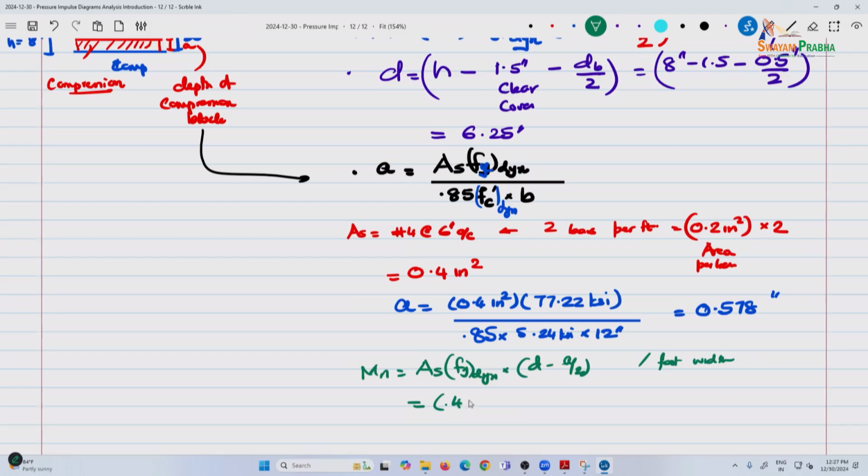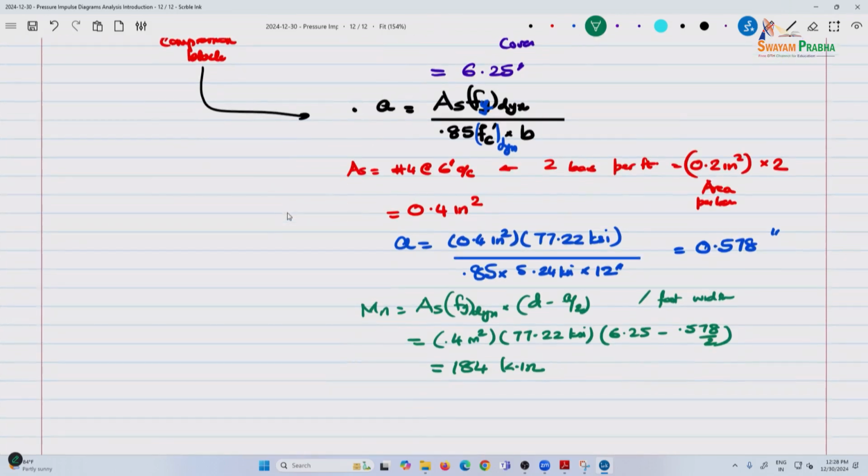So 0.4 multiplied by 77.22 ksi multiplied by 6.25 minus 0.8 is... So this comes to 184 kip inches.